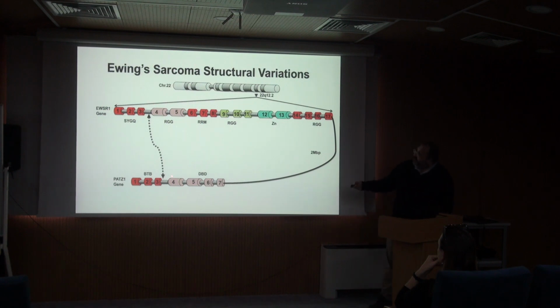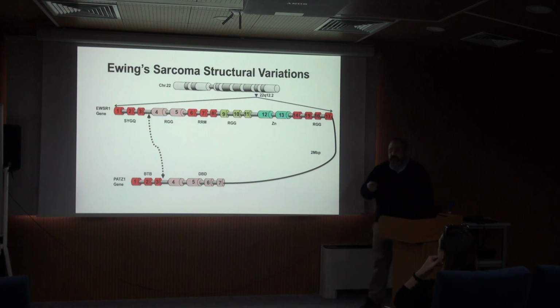In these translocations, the EWSR1 function is not really known, but it's a transcription activator that doesn't have a DNA binding domain. It's an RNA binding protein, and its N-terminus is an activation domain. In these translocations, this activation domain is translocated to the PAS1 gene.